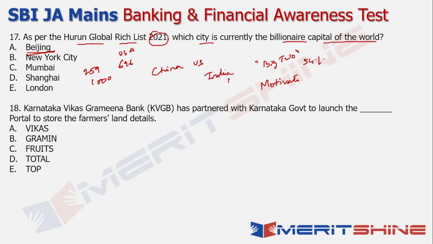Now, India has also done phenomenally well, wherein it added 40 billionaires to the list to move into the 3rd place overall. And this is obviously followed by Germany, UK, and Switzerland. Each of them has more than 100 known billionaires. Now, Beijing is the billionaire capital of the world. It has 145 billionaires living there. Shanghai overtook New York to become the 2nd on this list, right?